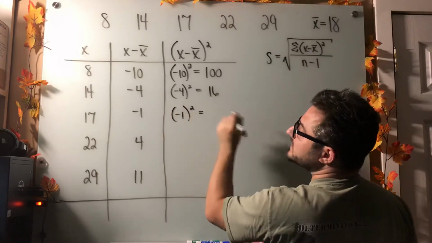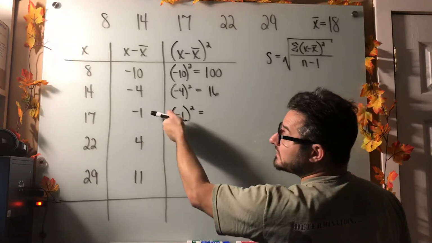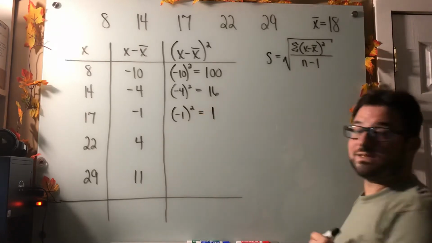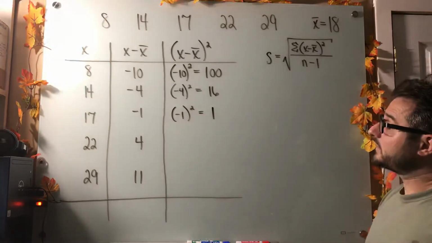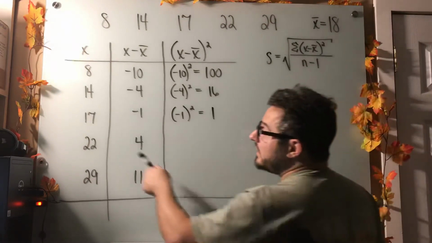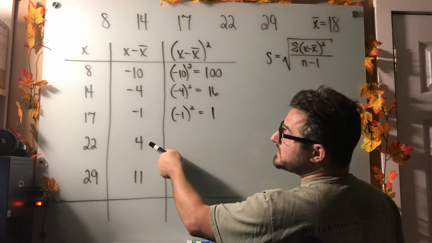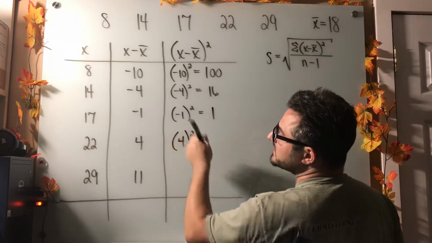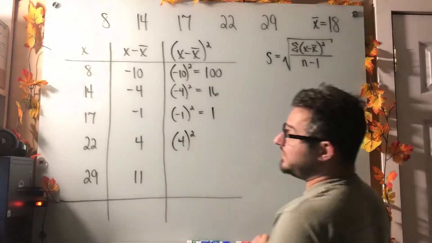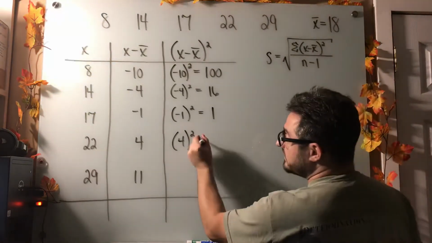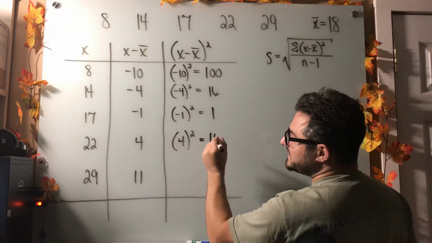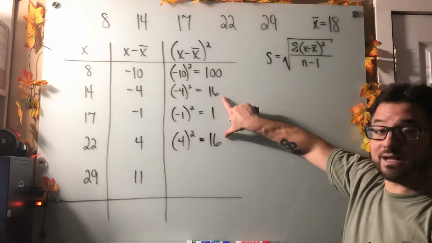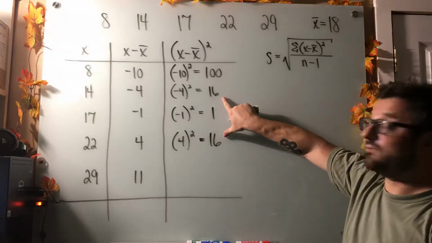Whereas this 17 here has the least distance and therefore the least influence on the mean. 22 is 4 spaces above the mean, which is perfectly balanced by this 14 being 4 spaces below the mean. But the idea is that the influence they have, regardless of which side it is towards, is the same.